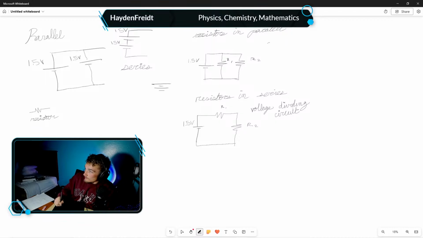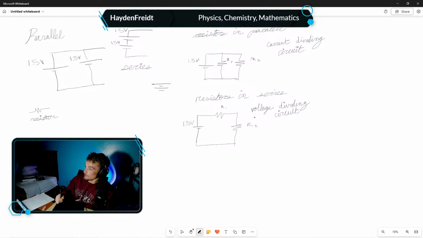Okay, and then a current dividing circuit.